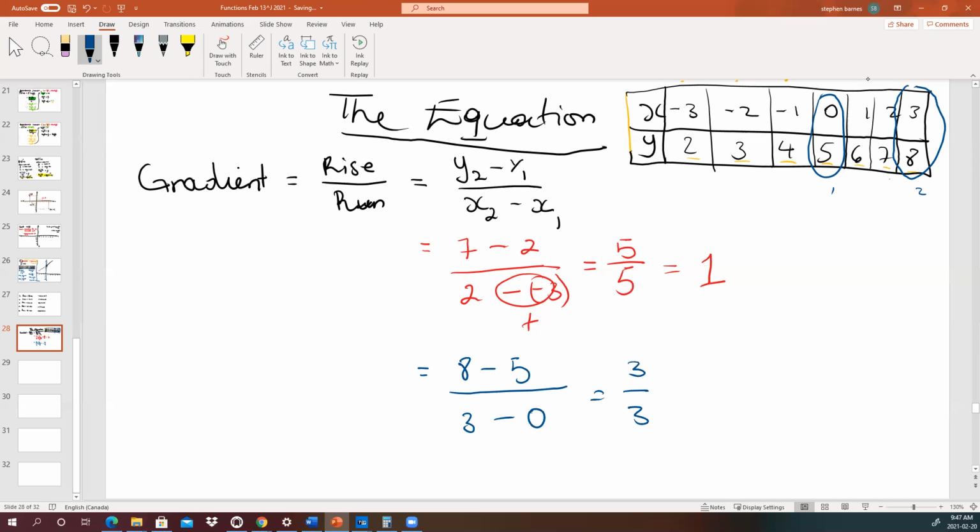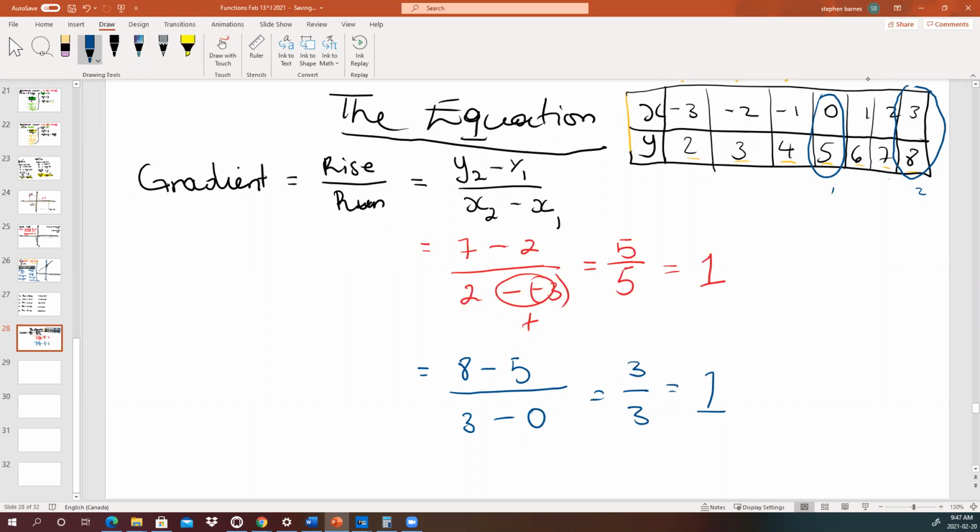Yes. Isn't your y1 3? Let me check that. Oh no, so all the y's are in the bottom row. Sorry. Yes, all the y's are in the bottom row, the x's are in the top row. So 3 over 3 gives me a positive 1. All right. That means the gradient for all of it would be 1. The gradient for the entire line is 1. It doesn't matter.